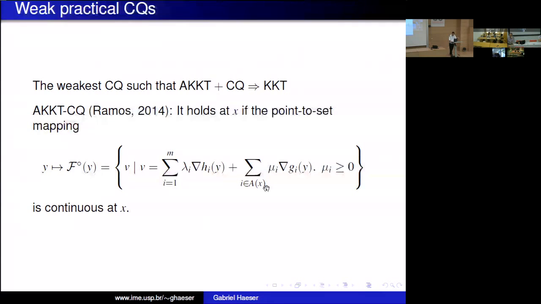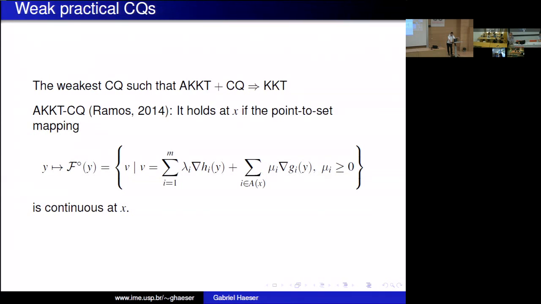This should remain fixed, and now I have a point-to-set mapping. For every y, I assign a set. So you simply ask for continuity of this map. And this is the weakest possible constraint qualification that is practical with respect to approximate KKT.